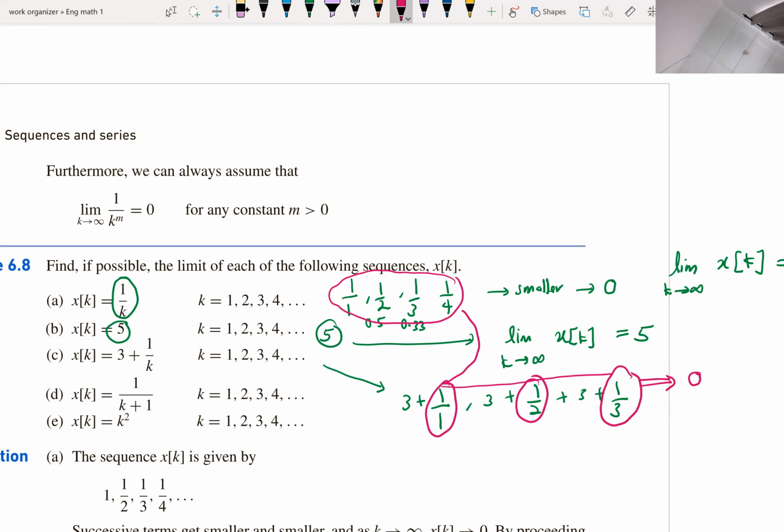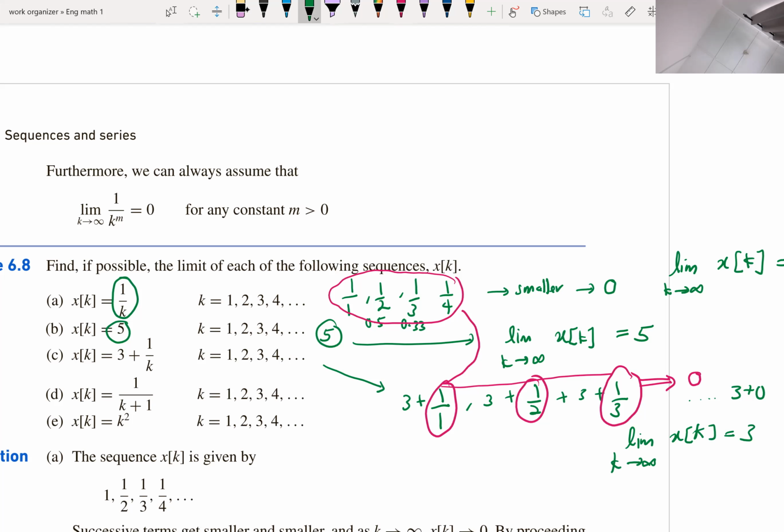What is left is 3. At the end it will be 3 plus 0. So the limit of s of k when k tends to infinity is 3. This converges to 3.